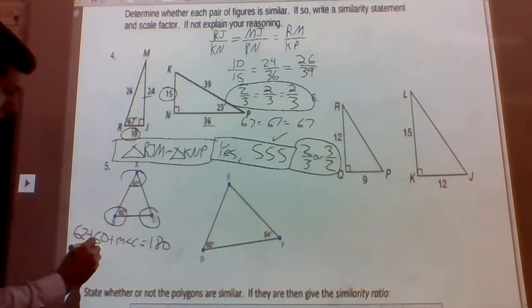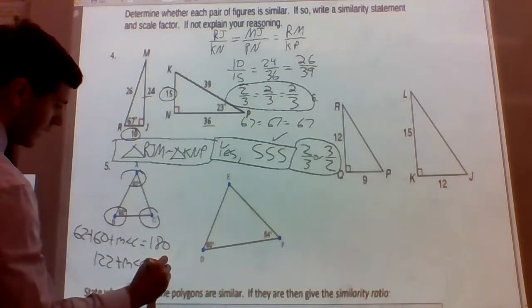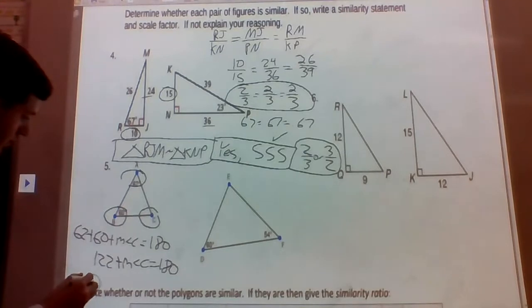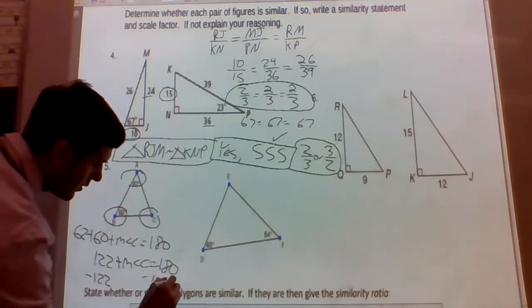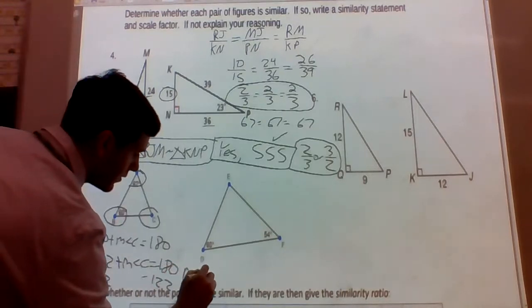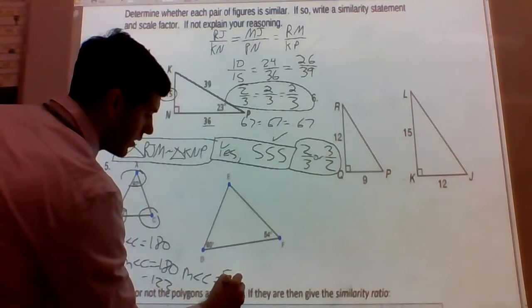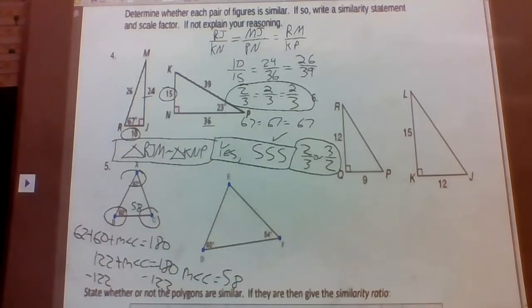So we're going to have 122 plus the measure of angle C is 180. If we subtract 122 from both sides, we get the measure of angle C is 58. Okay, so we know this one is 58.